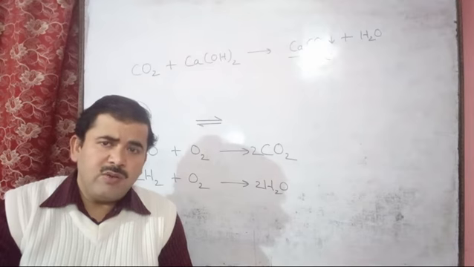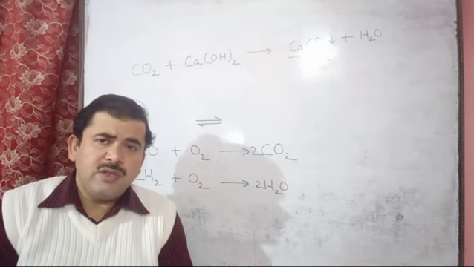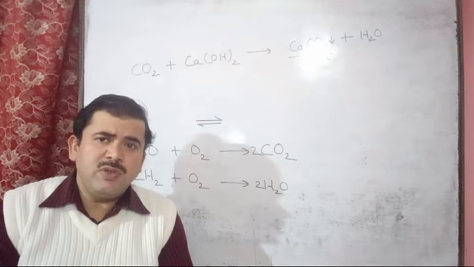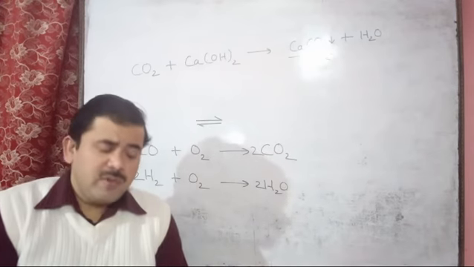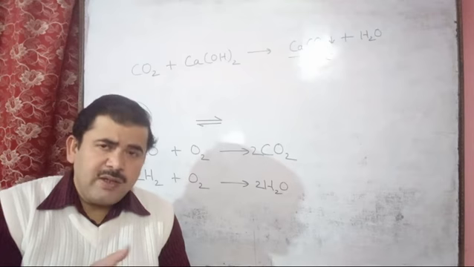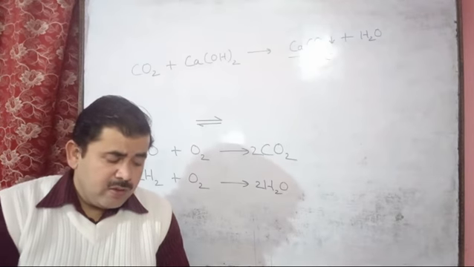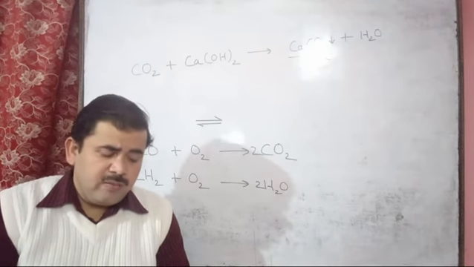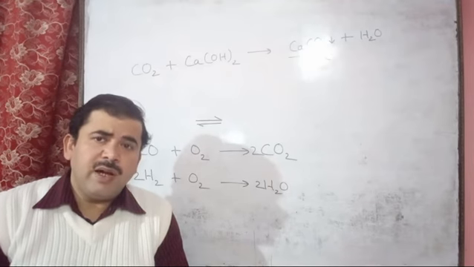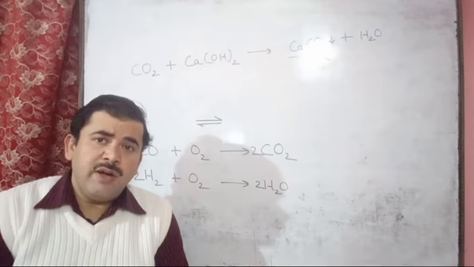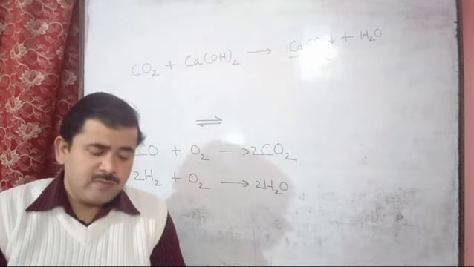So when this hydrogen mixes with the air, it makes an explosive mixture. So this is the reason we are not collecting the hydrogen by the downward displacement of air. We will collect the hydrogen by the downward displacement of water.